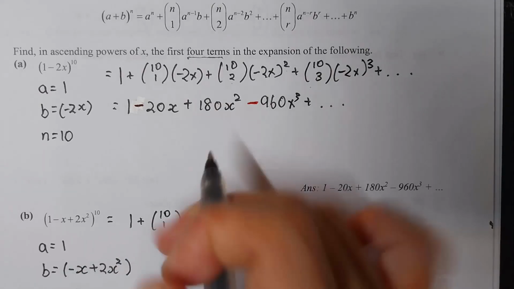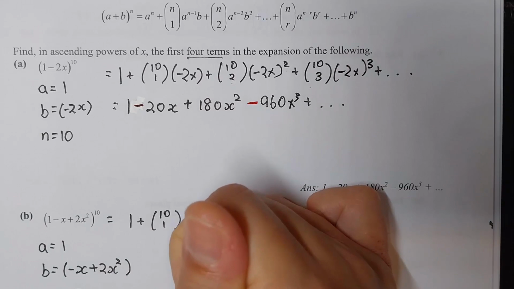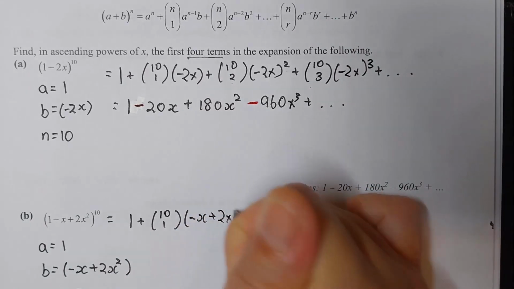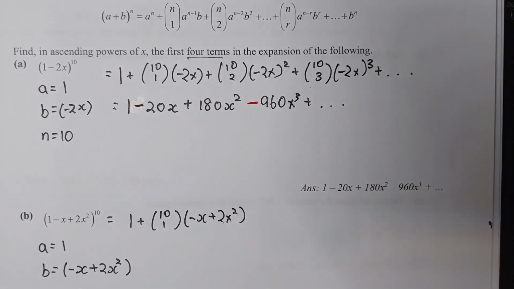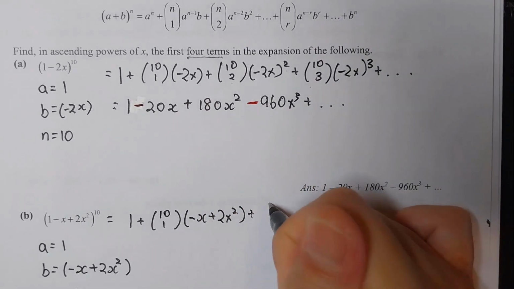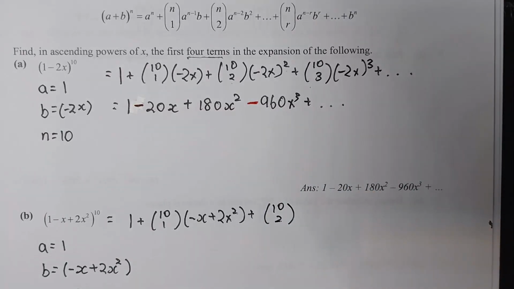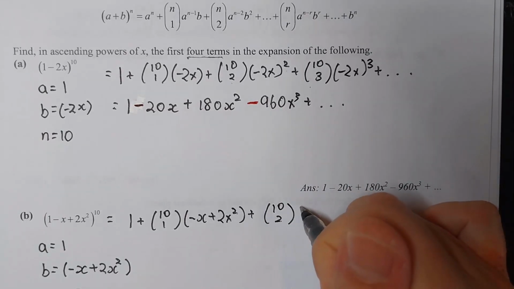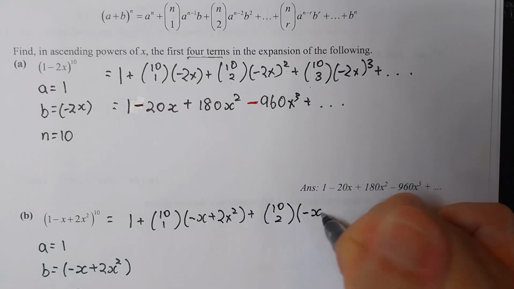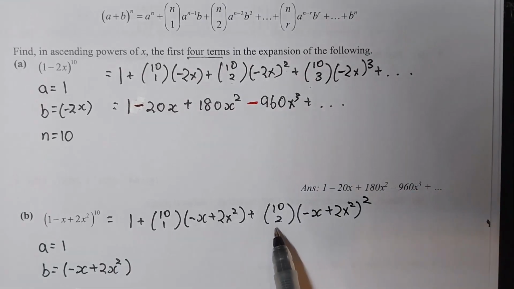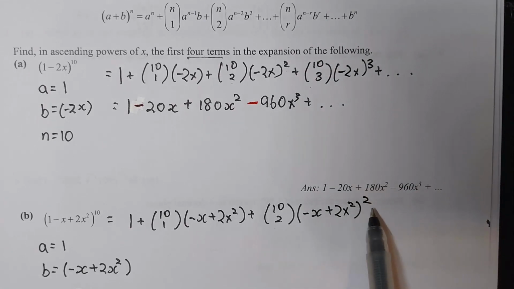And multiply by the value of b, which is negative x plus 2x squared. Next, we will have 10 choose 2, and we will have minus x plus 2x squared square. Because remember, the value of r and this power is actually the same.